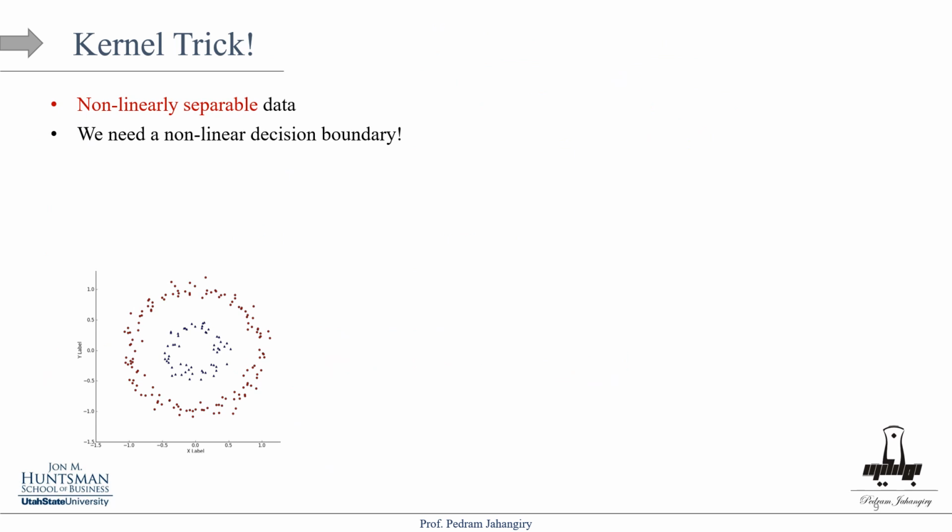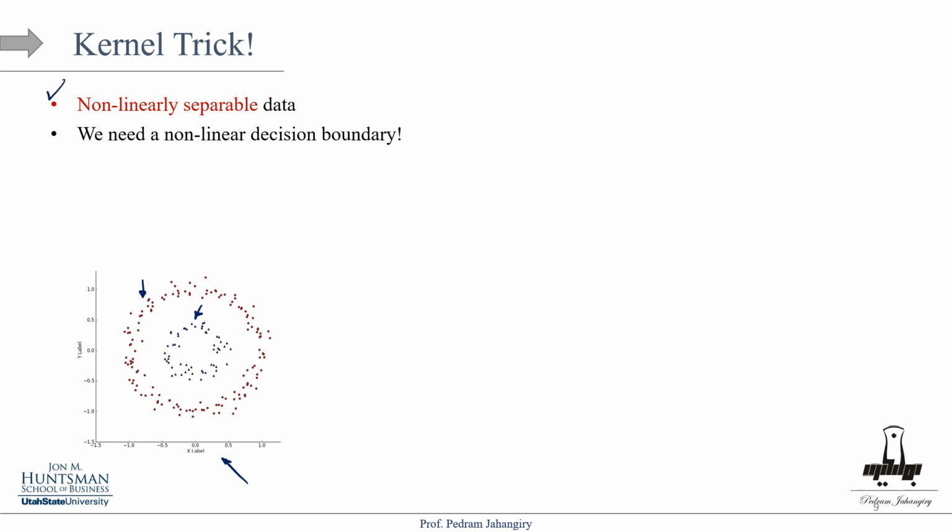Okay, in order to understand kernel PCA, we first have to talk about the kernel trick. What do we mean by kernel trick? Let me show you a very simple example. Imagine we have some observations like this, the red dots and the blue dots. This data set is non-linearly separable.